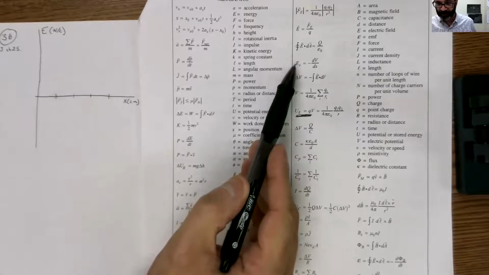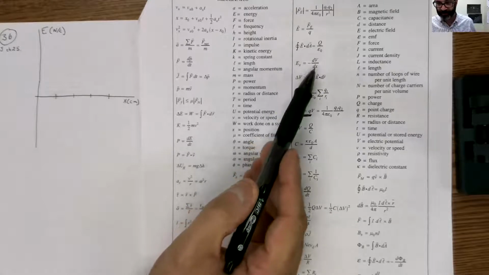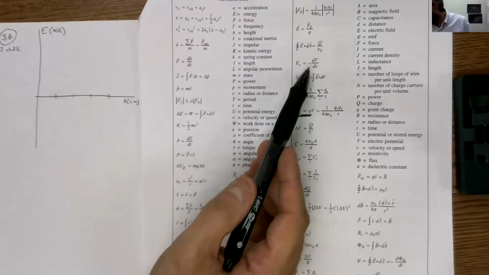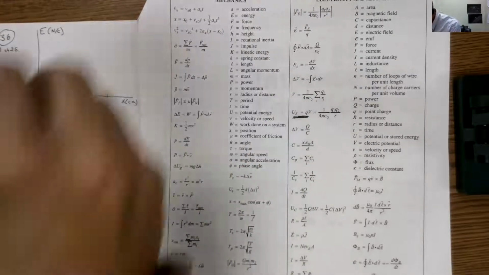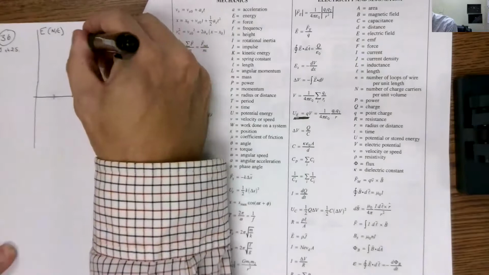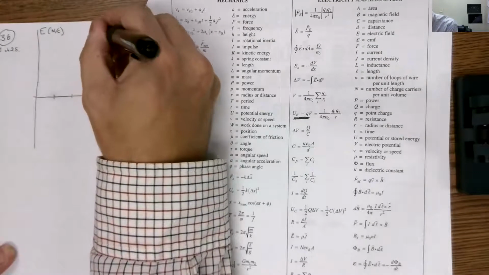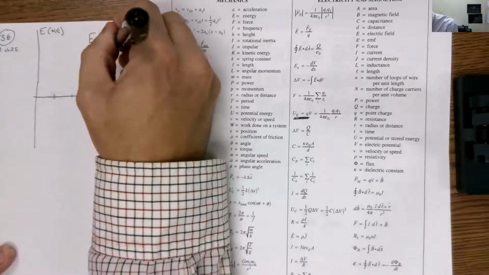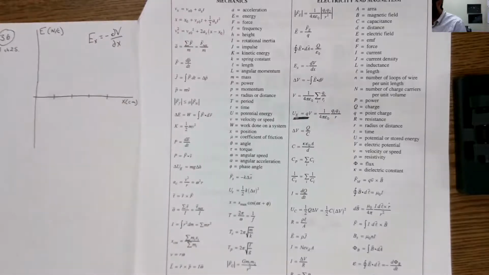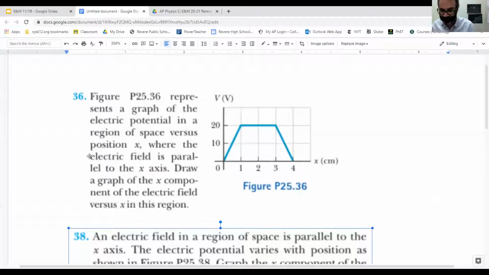But this equation here, the x component of the electric field is the negative derivative of the potential with respect to x. Let me write that out. If I switch back real quick to the problem, all we need to do is figure out what the derivative is in each of these ranges, and then we can plot them.